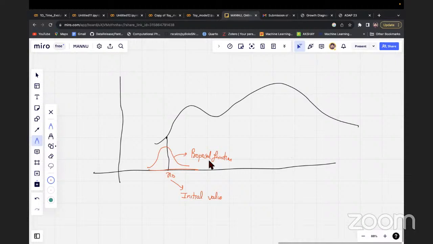In this particular one, I have chosen X node. Initially, I have to start from somewhere, but when I'm throwing the next data point, it is based on a distribution. I'm defining a proposal function. I'm not throwing the next point, X1, randomly. If I throw it randomly, it's going to be a uniform random number that will fill the whole space.